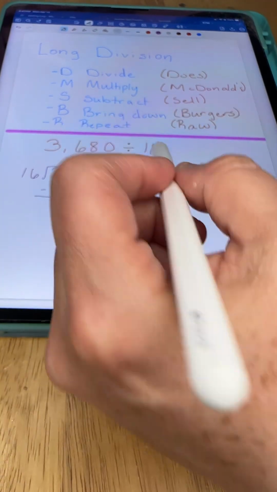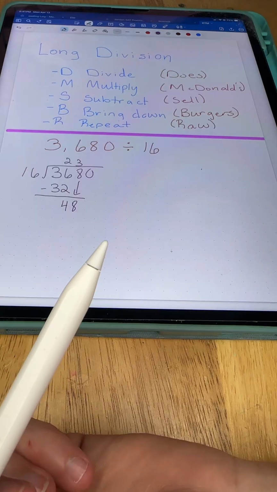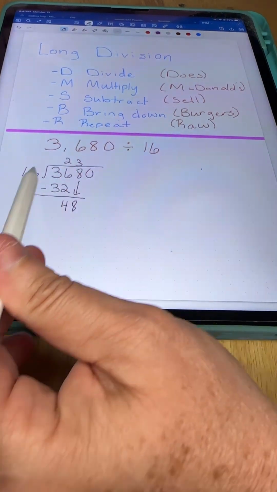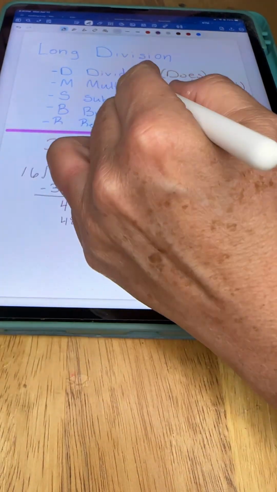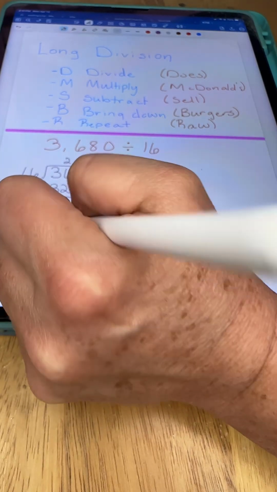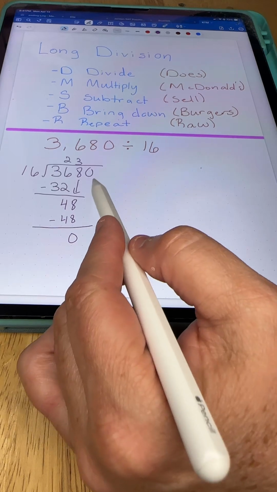And sometimes students have to do some extra math problems to kind of guess and check with this, and that is perfectly okay. 3, we're going to multiply 3 times 16 is 48. We're going to subtract. Now, this is where a lot of students get messed up also because they think because they have a 0 here that they are done. But we have a whole other digit up here.